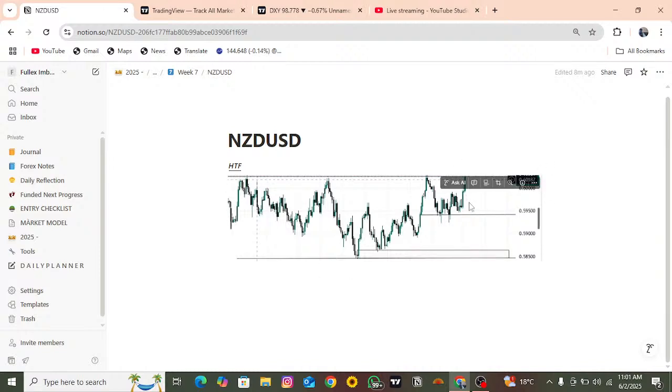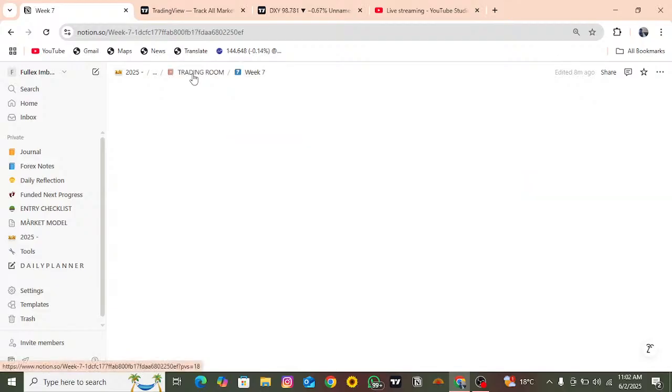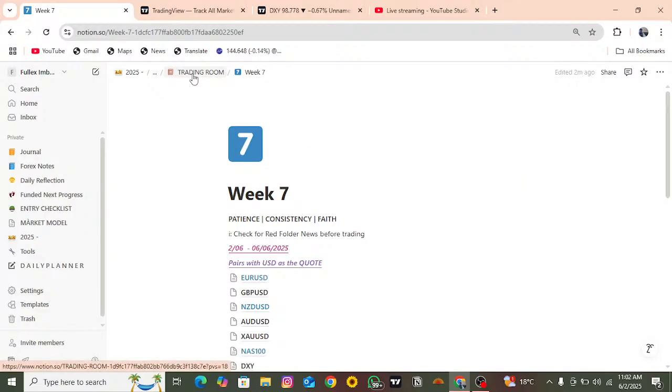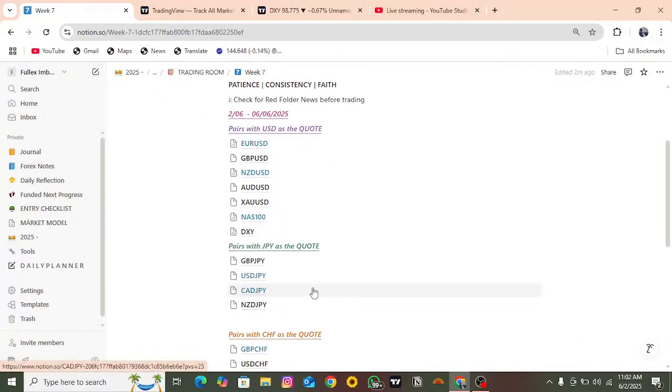Short-term sales, perhaps long-term buys to balance it off, but it's not that clear. If you ask me, it's not that clear. So let's see what happens in the market.